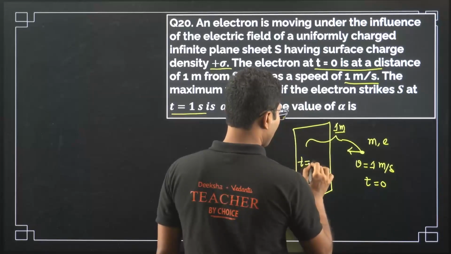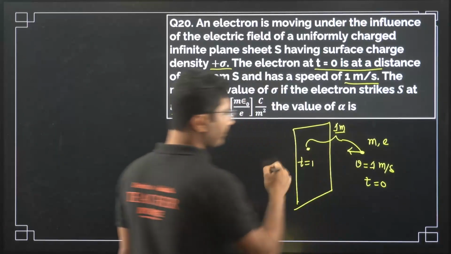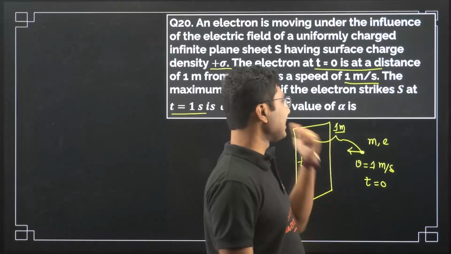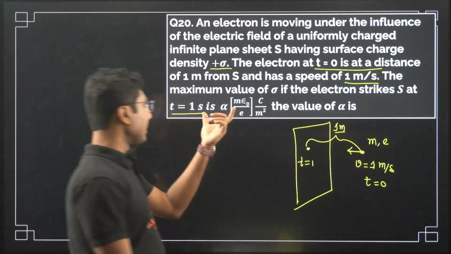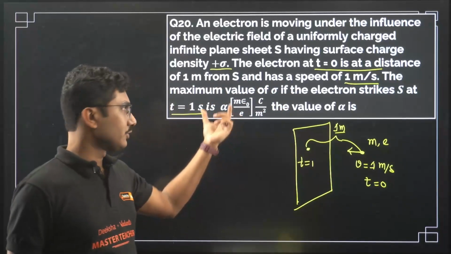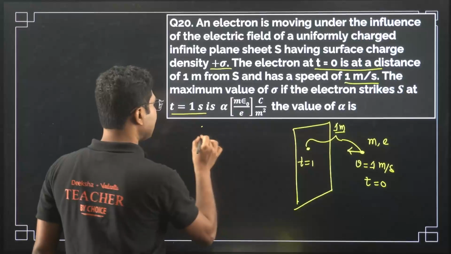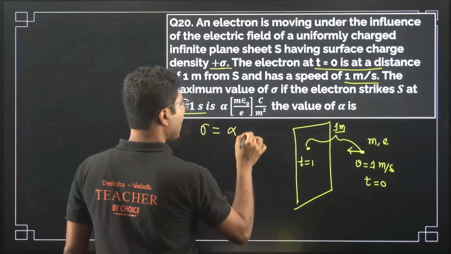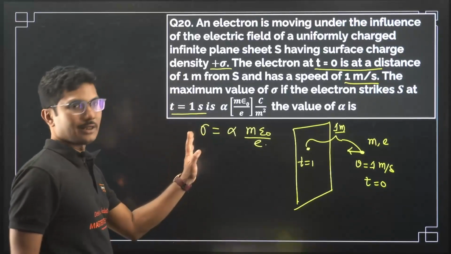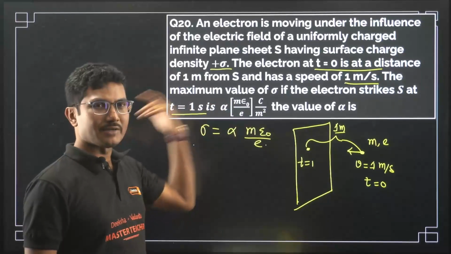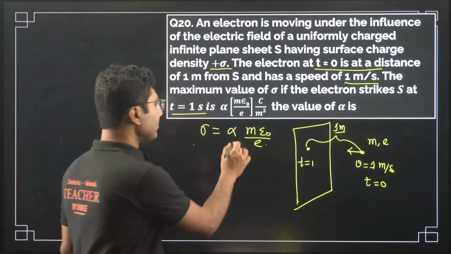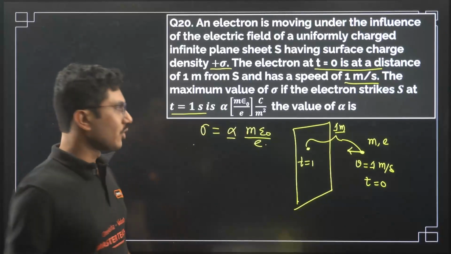At t equals 1, the electron hits the surface. Then what is the value of alpha? The maximum value of sigma is given as alpha m epsilon naught by e. So sigma is equal to this, and then you have to find this alpha. That's it. So how to do that?